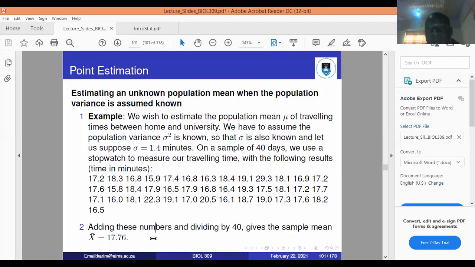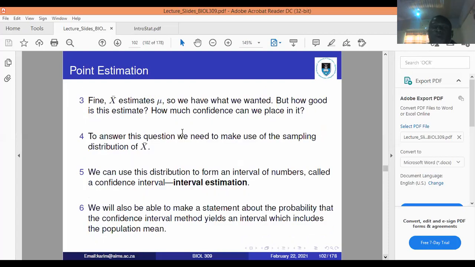How confident are we that it will take approximately 18 minutes to walk to the university? We have found the mean estimate, but how good is the estimate? How much confidence can we place on this estimate?